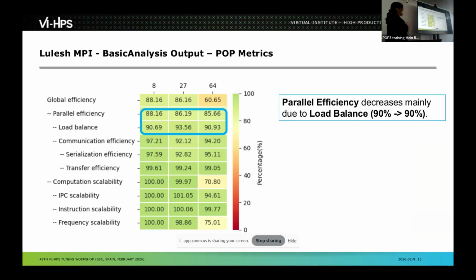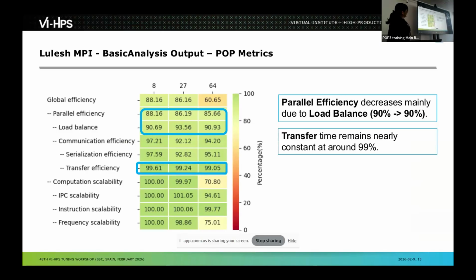For these three cases, we have different behaviors here. For example, we can observe that the parallel efficiency is decreasing as we increase the number of processes, and we can see that the main factor here is the load balance. The communication efficiency has more stable values for 27, but this is due to the mapping that we have here. The other thing we can see is that the transfer efficiency is perfect, but this also depends on the experiment that we have here.